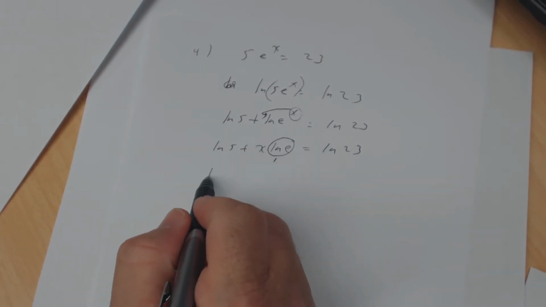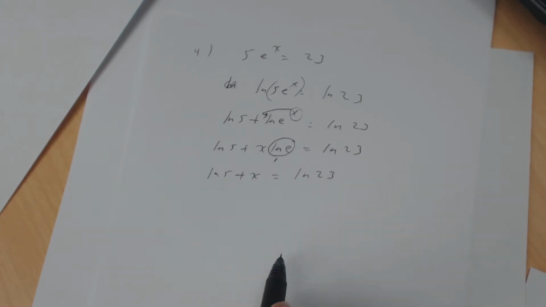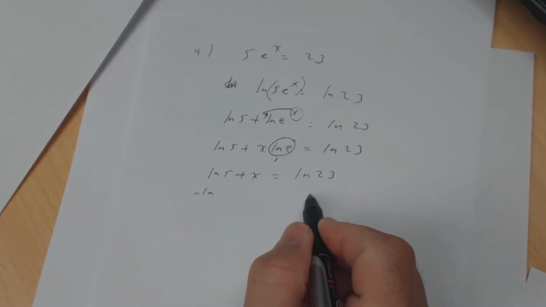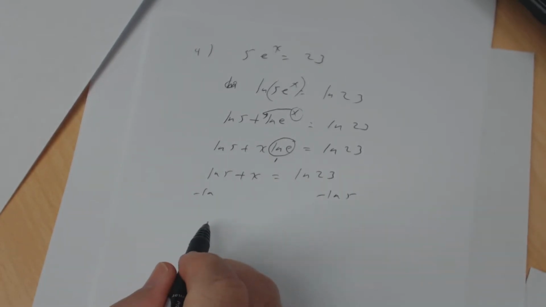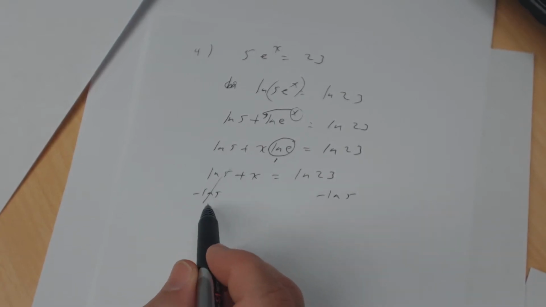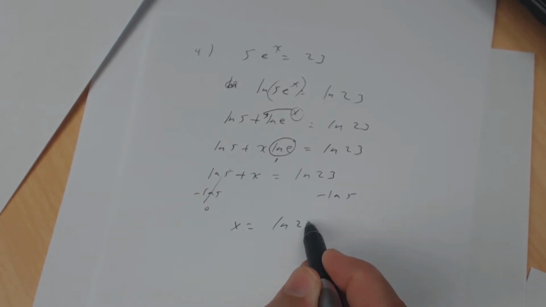So I get natural log of 5 plus x equals the natural log of 23. And so to get x by itself, I'm going to subtract natural log of 5 from both sides. Now be careful, notice what's going to happen. When I combine like terms, the natural log of 5 minus the natural log of 5 is 0, 0 plus x is x, and I get the natural log of 23 minus the natural log of 5.